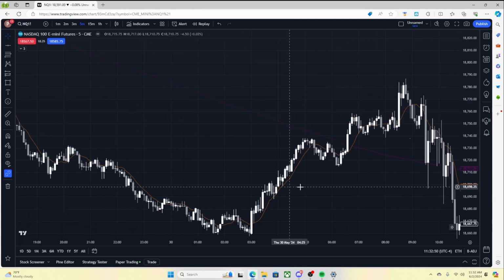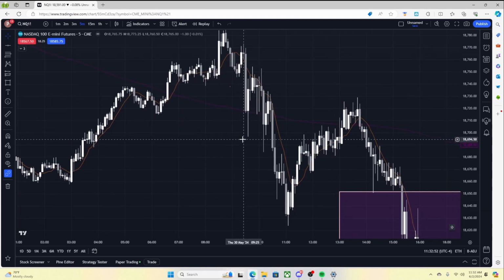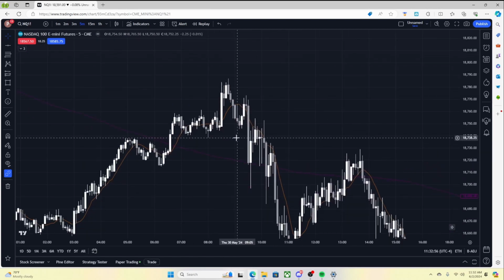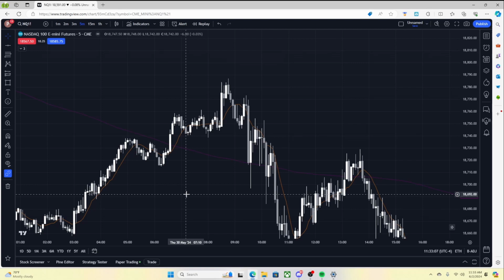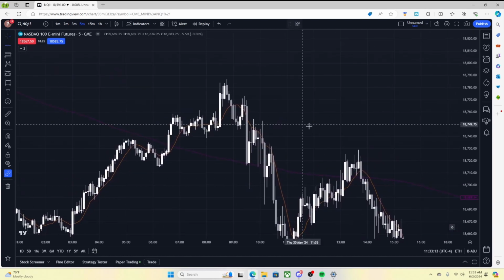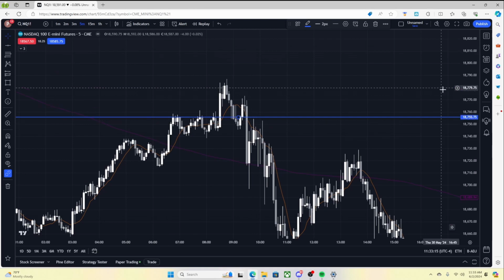So what liquidity is: Wall Street, or the big market movers, have to buy a lot of contracts to move the market. You can't just buy 5 contracts; they buy thousands in order to push the market in a certain direction. But there's not always going to be 1,000 shares available. So you can look right here at this level. This is going to be a level of liquidity.